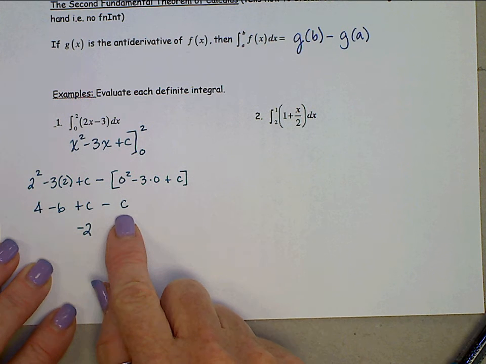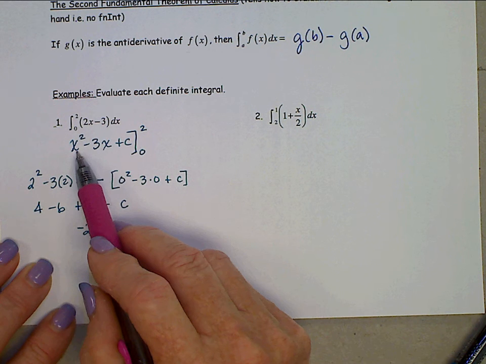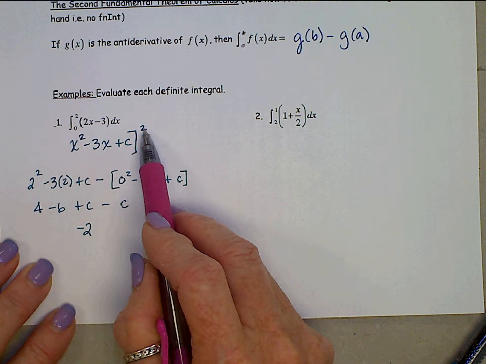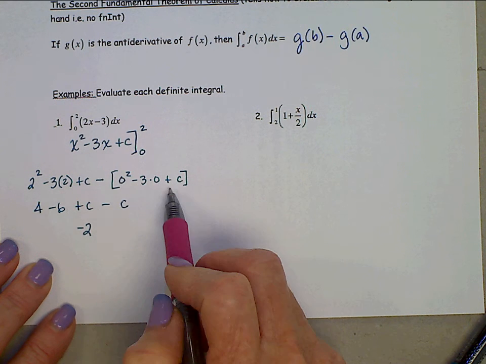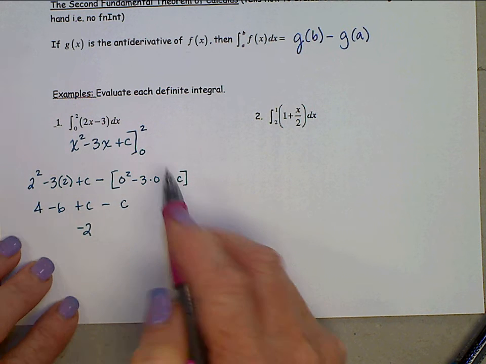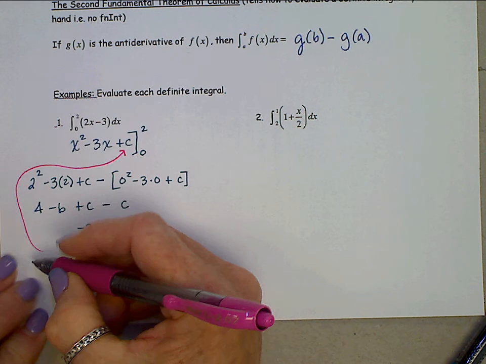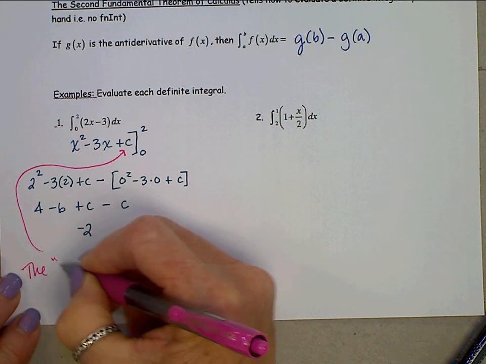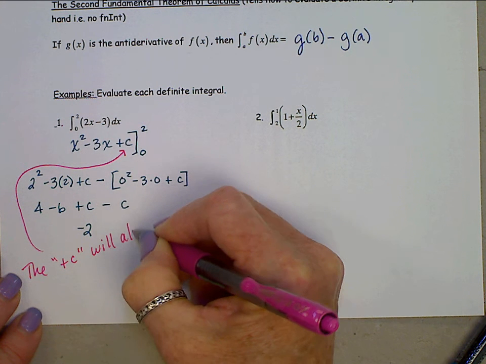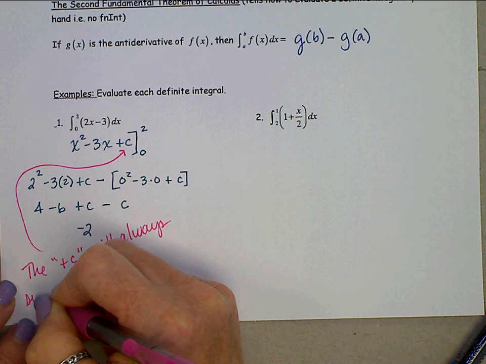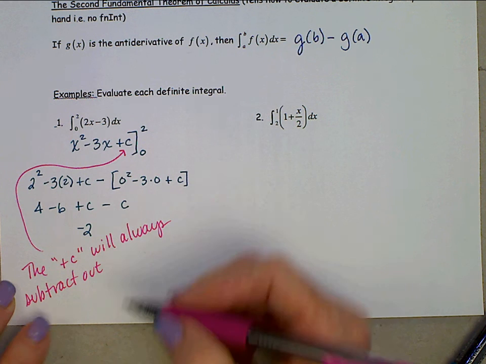Notice the c's canceled out, and that will happen every time, because when you evaluate this antiderivative at that upper bound, you'll have a plus c. When we evaluate that at the lower bound, we have another plus c, but that lower bound one is being subtracted, so those c's will always subtract out. That tells us that we don't need to write it. That plus c will always subtract out.